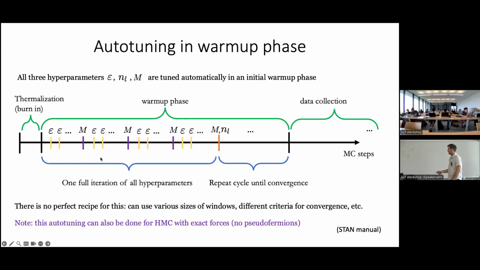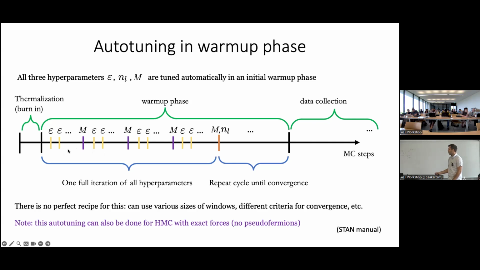Then before collecting data, you want to spend some time optimizing these. And you're not collecting data during this, because, as was pointed out, if you're changing these in some non-random way, then you can't collect statistics yet.